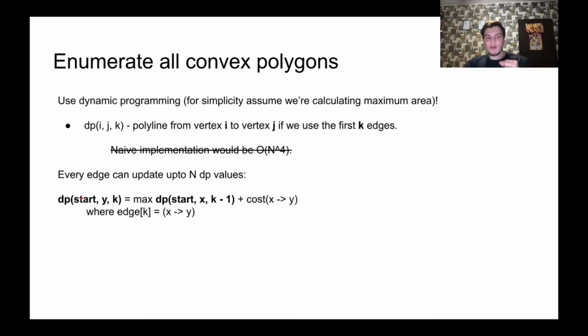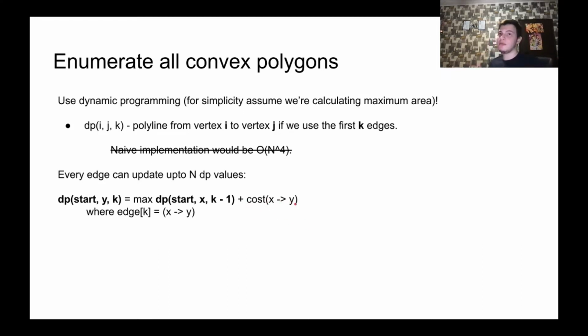So it's a polyline from start to y using the first k edges. The previous dp we are going to use is the polyline from start to x, which was the previous vertex. We use the edge from x to y, and we can just use the previous k-1 edges. And then we need to add the cost of the edge from x to y.